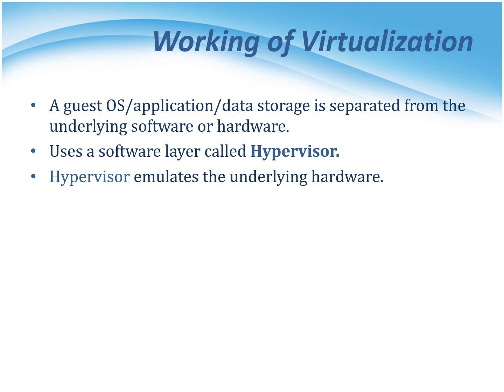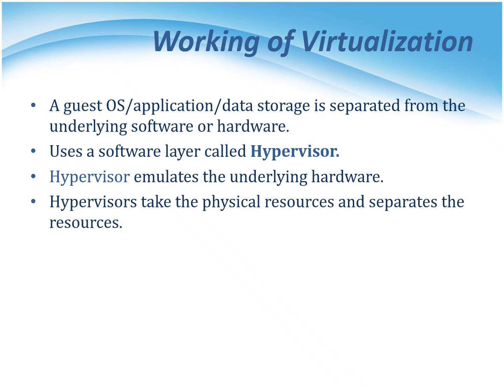But once they use it, they feel the entire physical resource belongs to them. For this we use a software layer called hypervisor. There is the physical resource, and then a layer for the virtual resources, which is the hypervisor. The hypervisor emulates the underlying hardware, and the guest OS feels that the entire resource belongs to it. The hypervisor takes the physical resource and separates the resources.